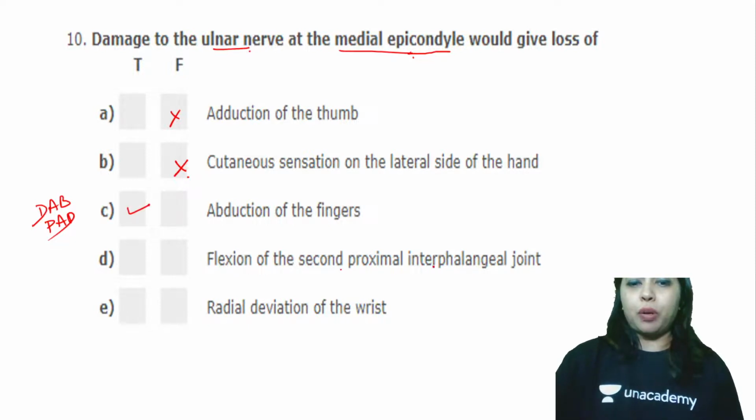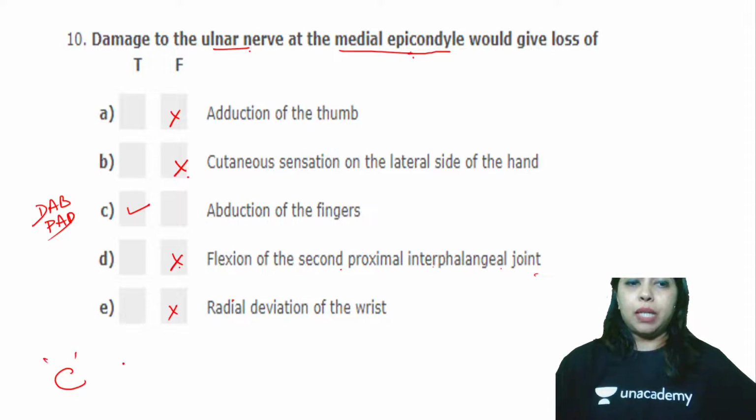Flexion of the second proximal interphalangeal joint. Second proximal, that is the index finger, so it has got nothing to do with it. What about radial deviation of the wrist? No, radial deviation is not ulnar supply, it is the radial. So it is the false statement. So the answer here is C, the correct one.